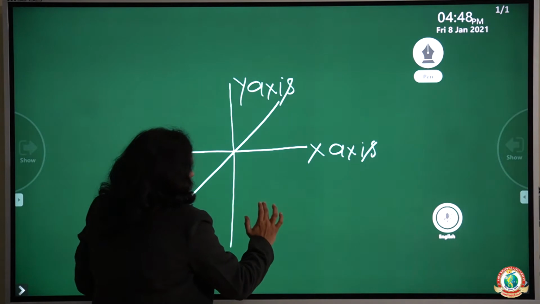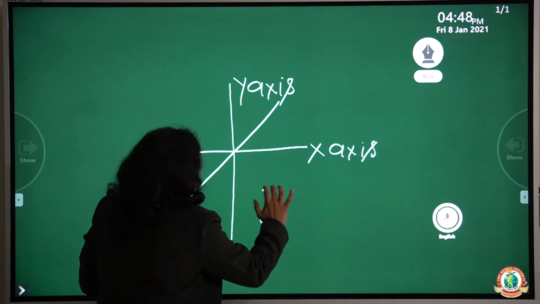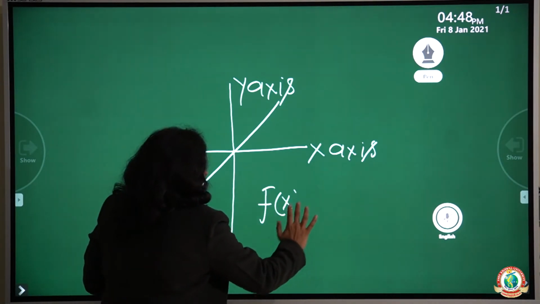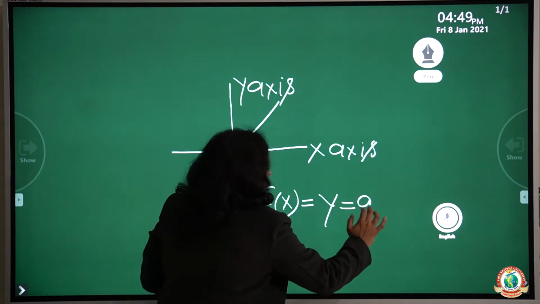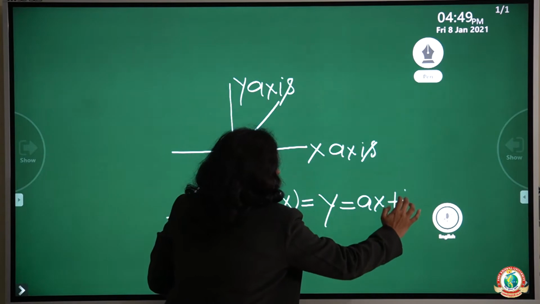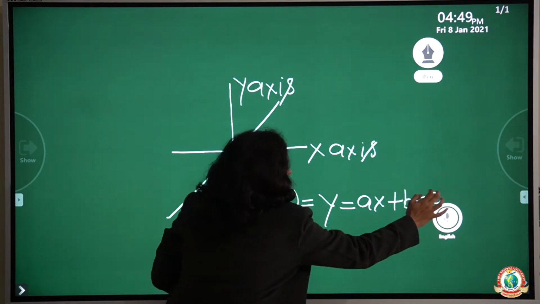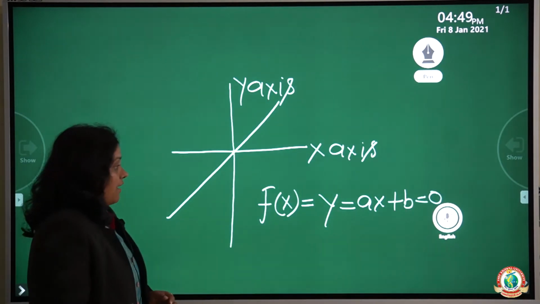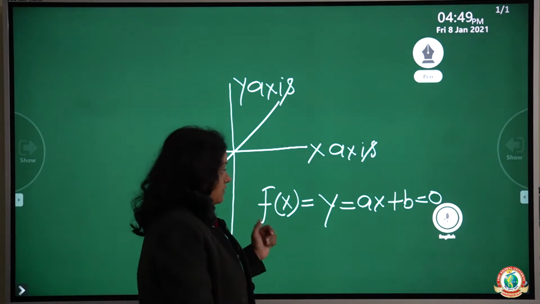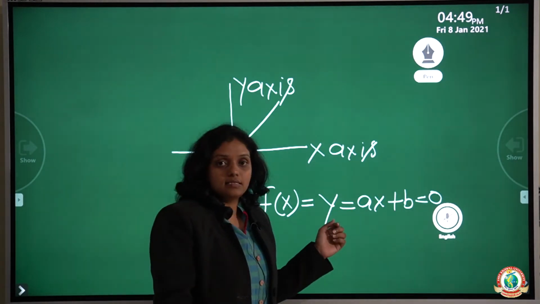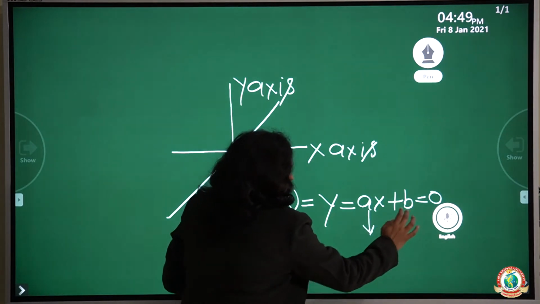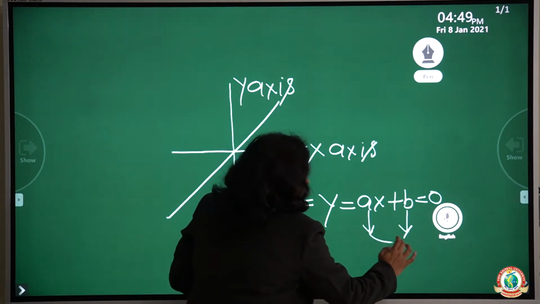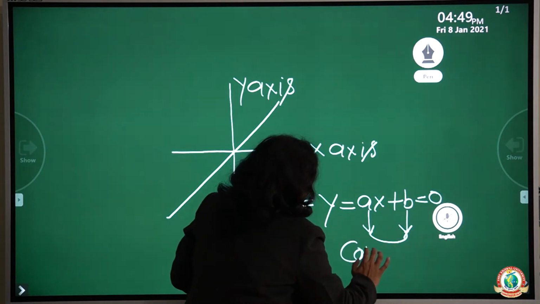The linear equation is f(x) = y = ax + b = 0. So y is the dependent variable, x is the independent variable, and a and b are the constant variables.